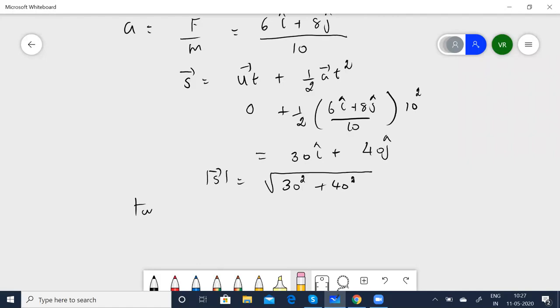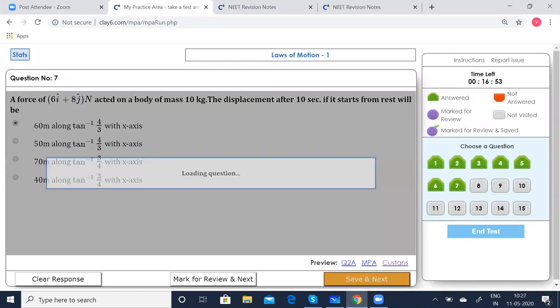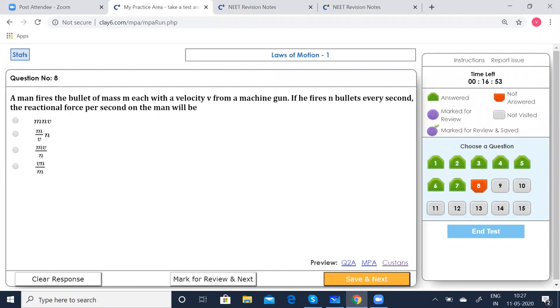So 40 by 30, which means theta is tan inverse of 4 by 3 with respect to the x-axis. Let's see which option is correct. Yes, tan inverse of 4 by 3 along the x-axis. So take that and go to the next.